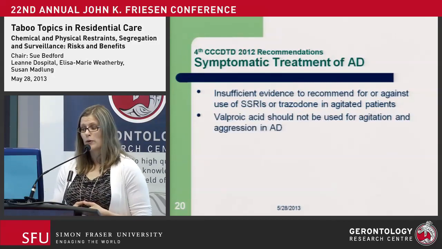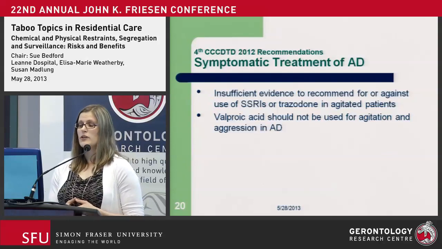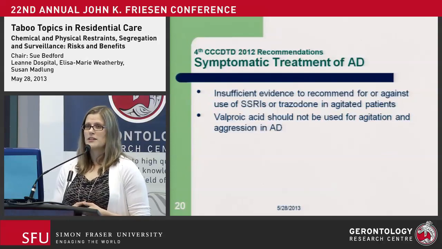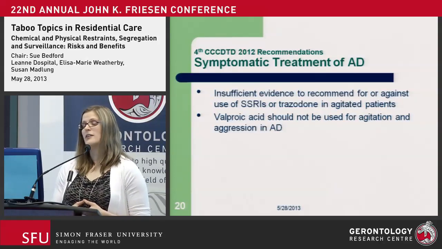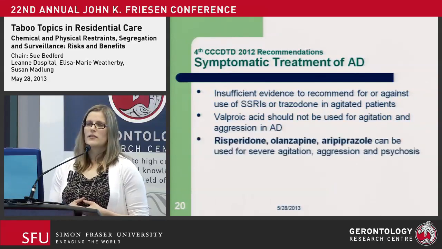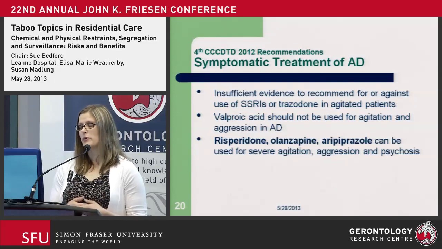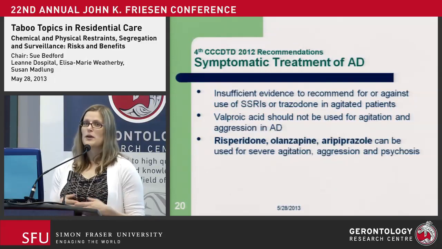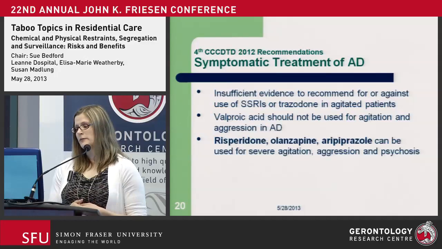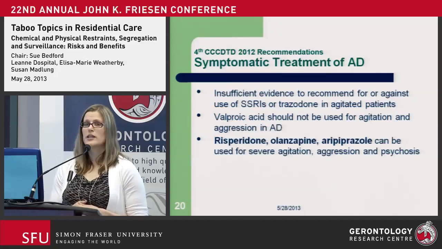Now they're saying valproic acid shouldn't be used for agitation and aggression in Alzheimer's dementia. The studies show that it doesn't really work, and it just increases the risk of serious side effects. They're saying that if you have to use an antipsychotic, they're advocating risperidone, olanzapine, or aripiprazole based on some studies for severe agitation, aggression, and psychosis only.